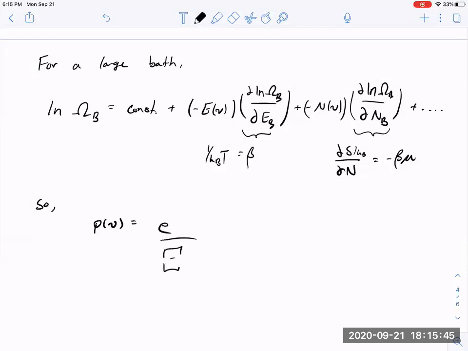Call this constant capital C, terrible but typical way of denoting this normalization constant. We get a minus beta the energy of the system and plus beta mu, the number of particles in that microstate of the system. So now we find something exponentially suppressed in the energy and exponentially enhanced by beta mu times the number of particles in the system.